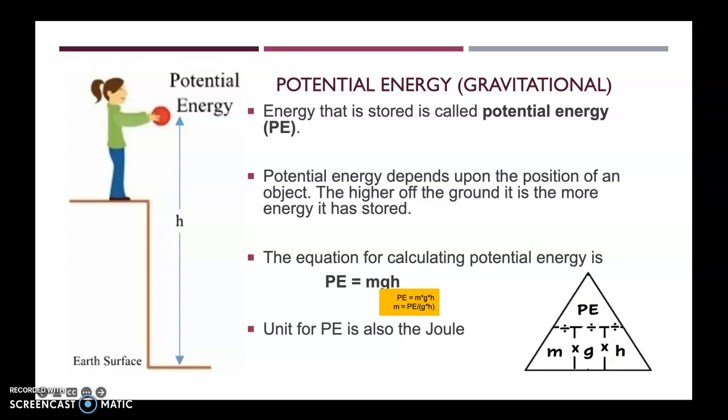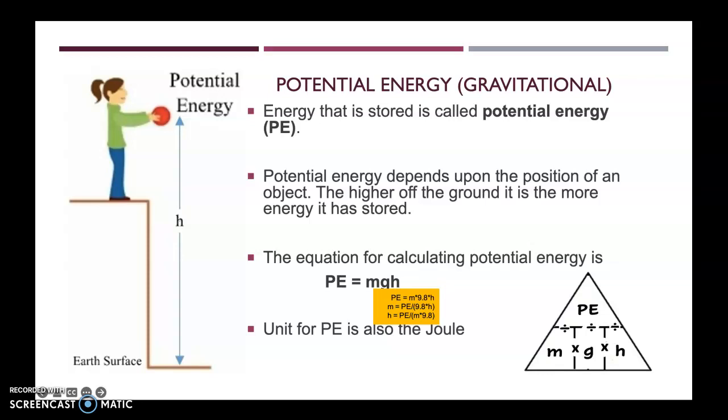Just make sure to multiply that gravity and height first before dividing potential energy by it. And then if I wanted to solve for height, it would be potential energy divided by mass times gravity. And again, in all of these cases, we could switch out gravity automatically for just 9.8 here, because for the problems that we will be working with, we will be sticking with them on Earth.